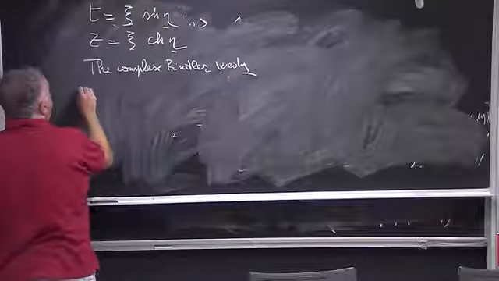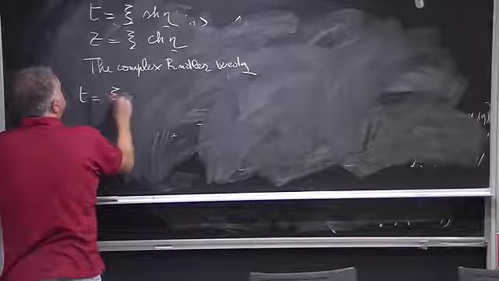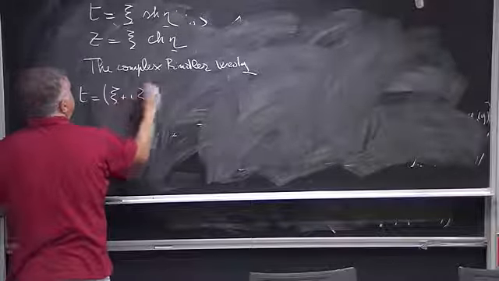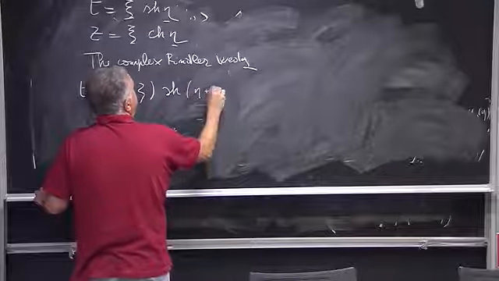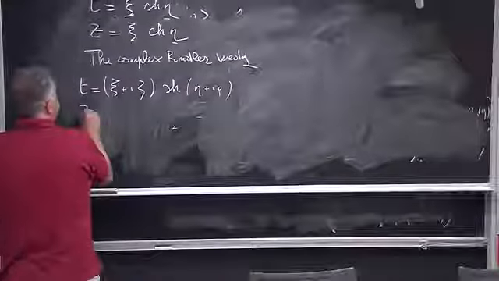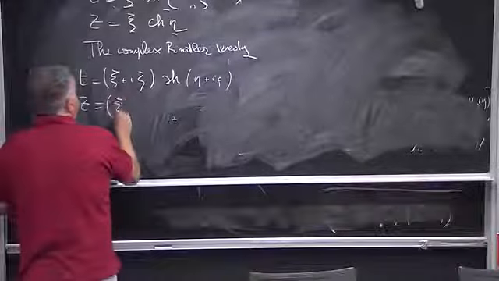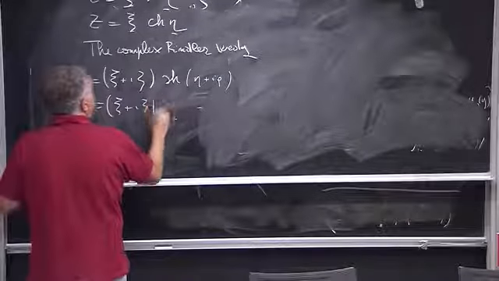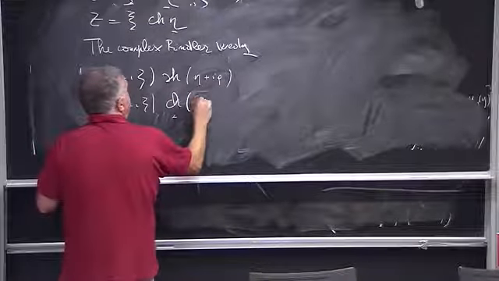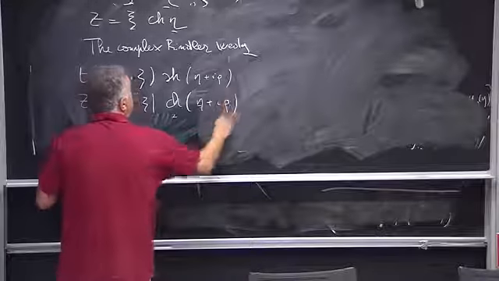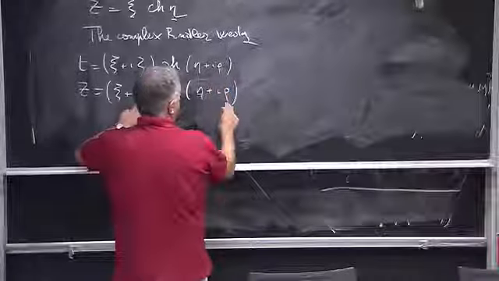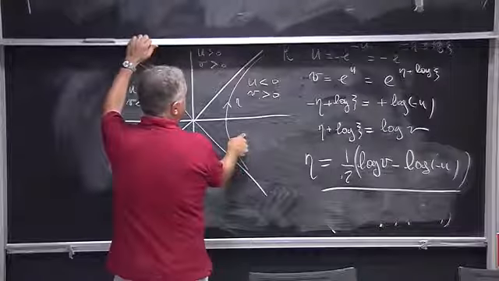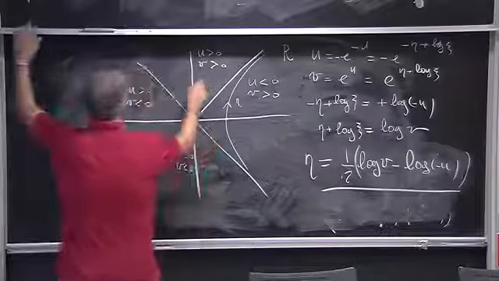prolongation. So if we write t equal psi plus ez, hyperbolic sine of eta plus e rho, and z equal psi plus cz, hyperbolic cosine of eta plus e rho, we know already that if z and rho are 0, we are in the original Rindler wedge.